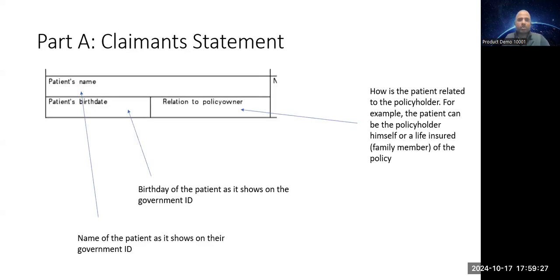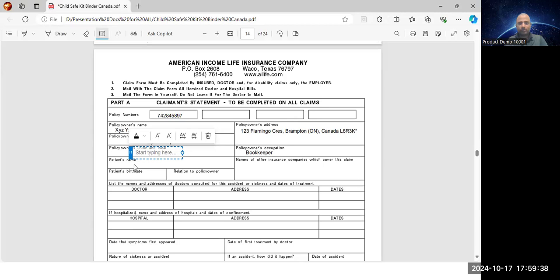All right, so let's go ahead and fill out your patient's name under Part A. Okay, so here, this is, for example, UFCW.